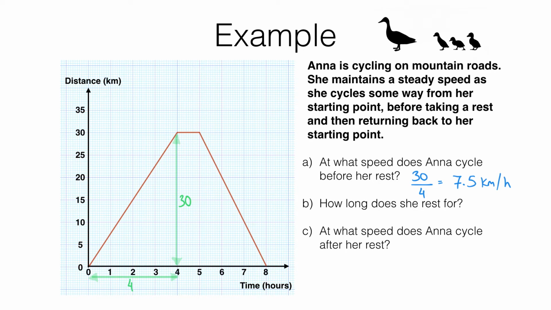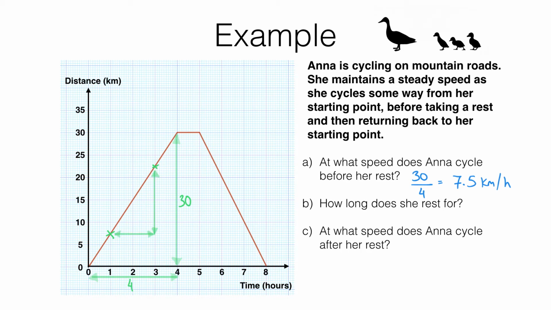Just remember, however, that we could have found the gradient of this line by picking any 2 points on this line and finding the change in the vertical direction divided by the change in the horizontal direction. Change in y over change in x, if you remember back to that. For example, let's say I pick these 2 points, that one there and that one there. I could find the gradient as follows.